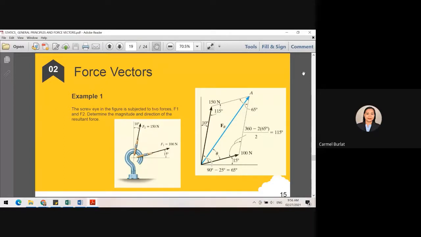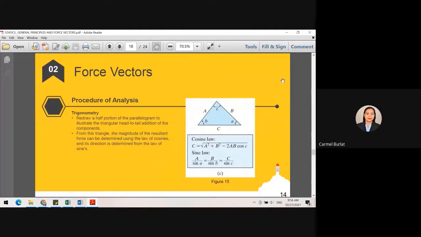So, to get the FR, unsa ang kinahanglan ninyo, class? You can use the cosine law, and your cosine law is this one.